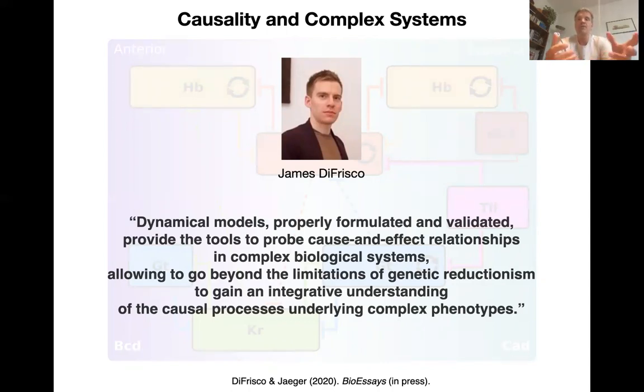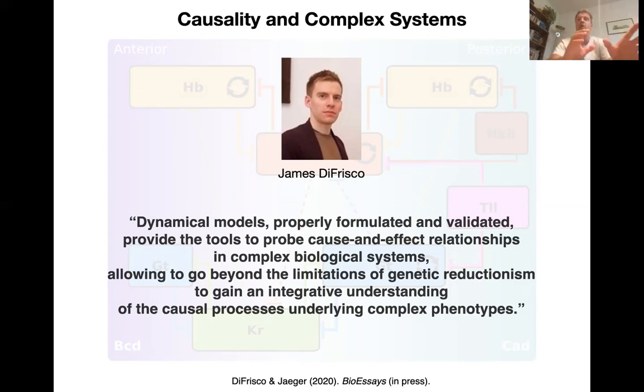The gist of that analysis is summed up in this quote from an upcoming paper that I'm writing with philosopher James DeFrisco. We're writing: dynamical models properly formulated and validated, with a genetic interaction matrix, fit to data and validated with experiments, provide the tools to probe cause and effect relationships in complex biological systems, allowing us to go beyond the limitations of genetic reductionism to gain an integrative understanding of the causal processes underlying complex phenotypes.